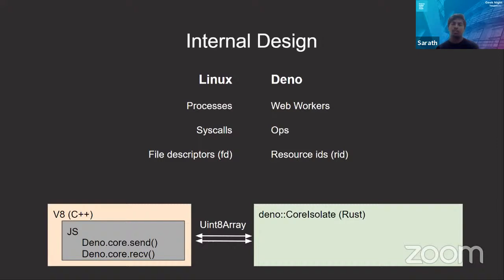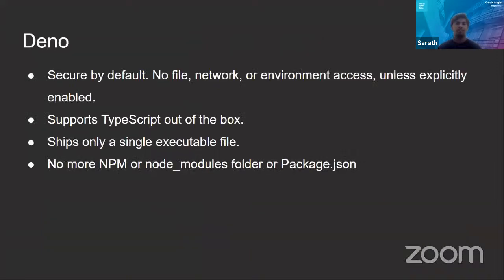File descriptors are called resource IDs here, and you can see in the picture below, V8, written in C++, is a wrapper around the Deno core, which runs the Deno code on the server, very similar to Linux.